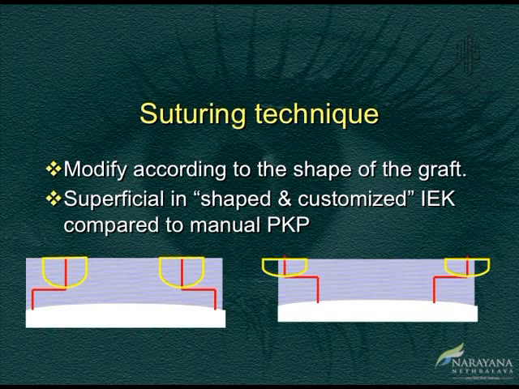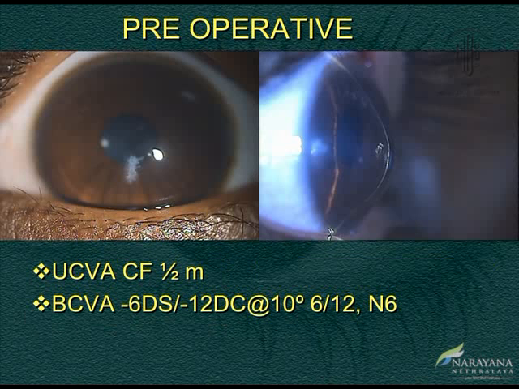The suturing technique, as I was telling you: if you are doing a surgery like this, where you take a head-shaped graft or a mushroom-shaped graft, your sutures will only come into the anterior part of the graft, and hence your sutures are much more superficial and smaller, and they do not induce too much astigmatism. One representative case: uncorrected visual acuity, as you can see, was counting fingers because of very advanced keratoconus.